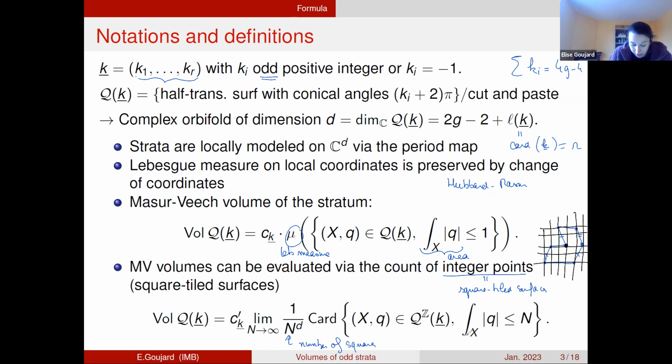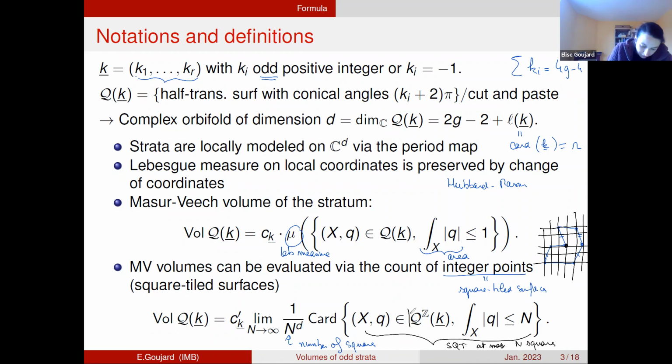The area of a square tile surface is just the number of squares. So basically what you do is you count the number of square tile surfaces with at most n squares. This thing here is exactly the number of square tile surfaces with at most n squares.